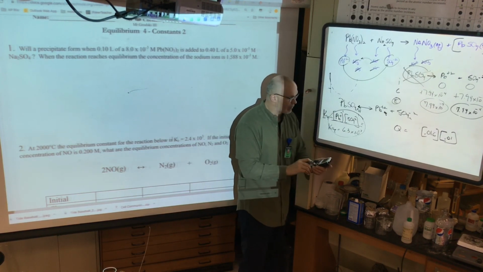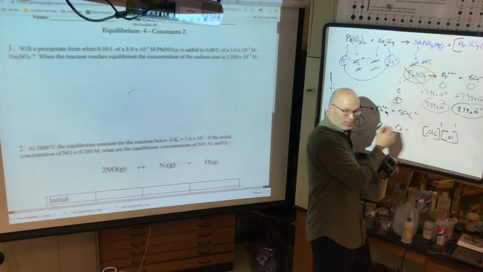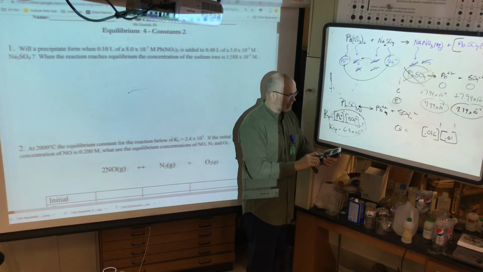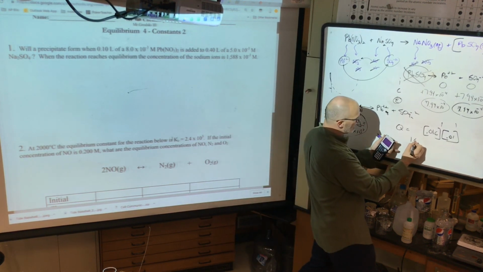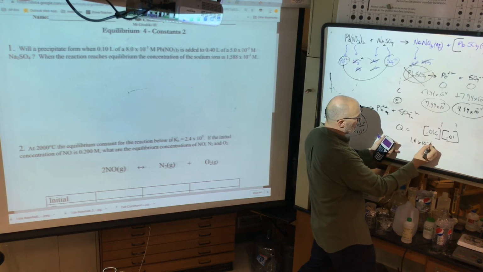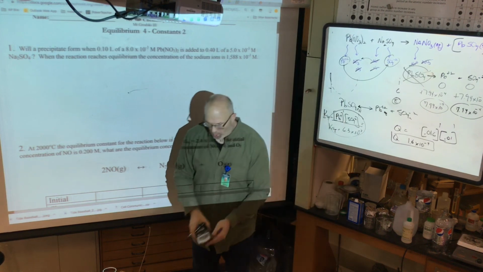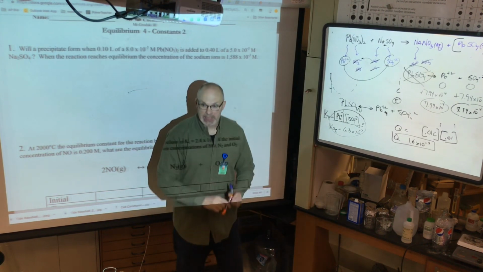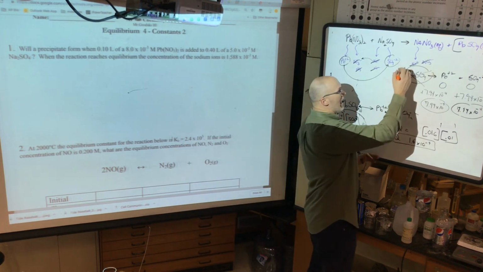Let's go find the value of Q. 0.016. By the way, it's to the first power, isn't it? The same equation. Times 0.01. What do I get? 1.6 times 10 to the negative 4. That's my Q. What was the question, party people? Did this make a precipitate? Look at the reaction.